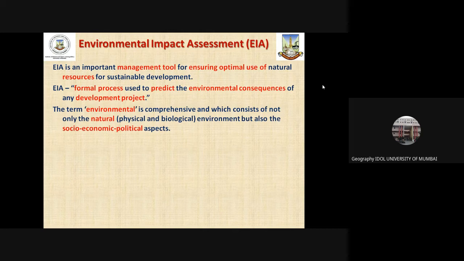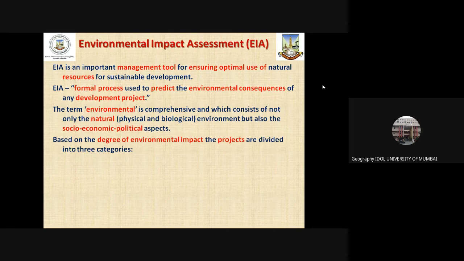The term environment is comprehensive, which consists not only of the natural environment but also the socio-economic and political environment, which is potentially being affected by the proposed project or industry in a particular area.